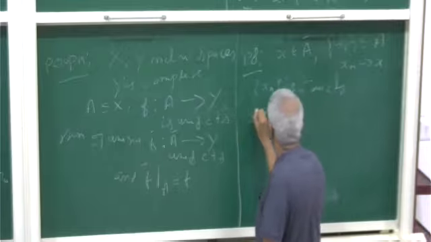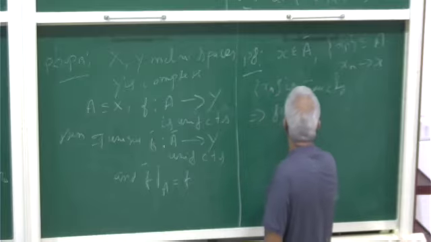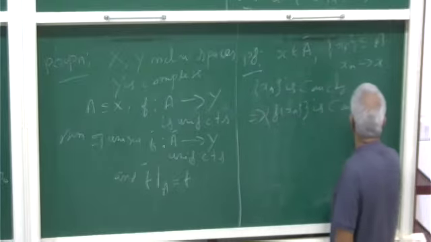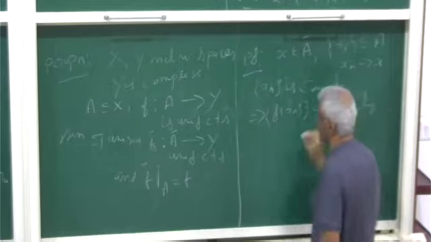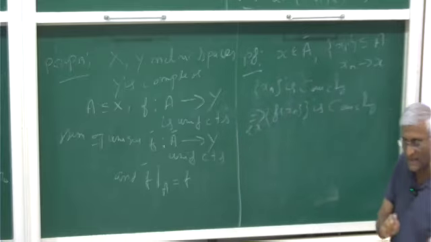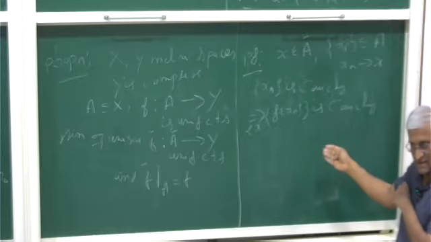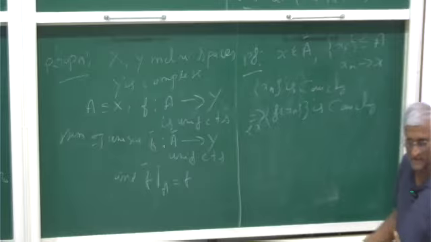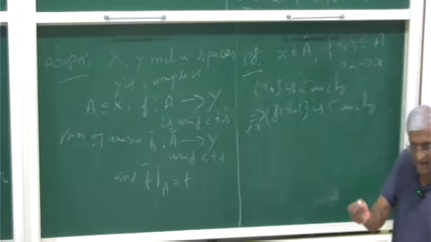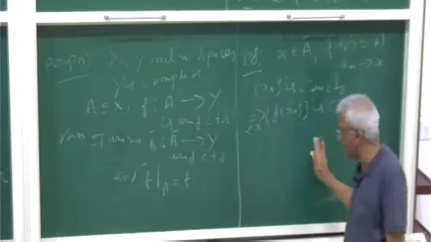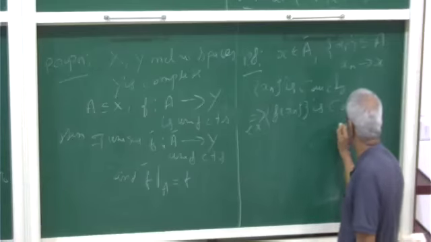Exercise. xn is Cauchy. A continuous function will take a converging sequence to a converging sequence. A uniformly continuous function will take a Cauchy sequence to a Cauchy sequence. A continuous function need not do that. For example, take xn equal to 1 by n in this interval.